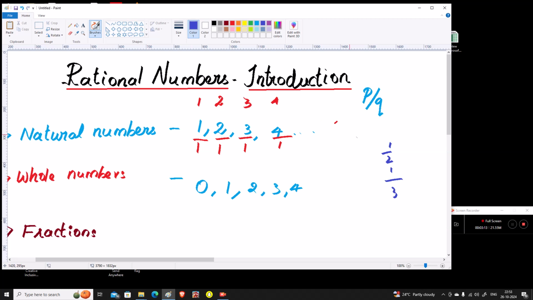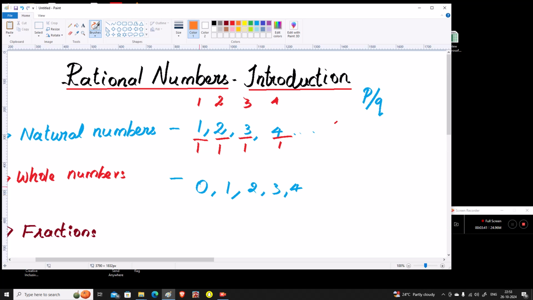Yes, we can write, but the value is changing. 1 by 2 and 1 are not the same. 1 by 3 and 1 are not the same. That's why without changing the value, we are keeping the numerator 1. So from this, what do you understand? All the natural numbers are rational numbers.